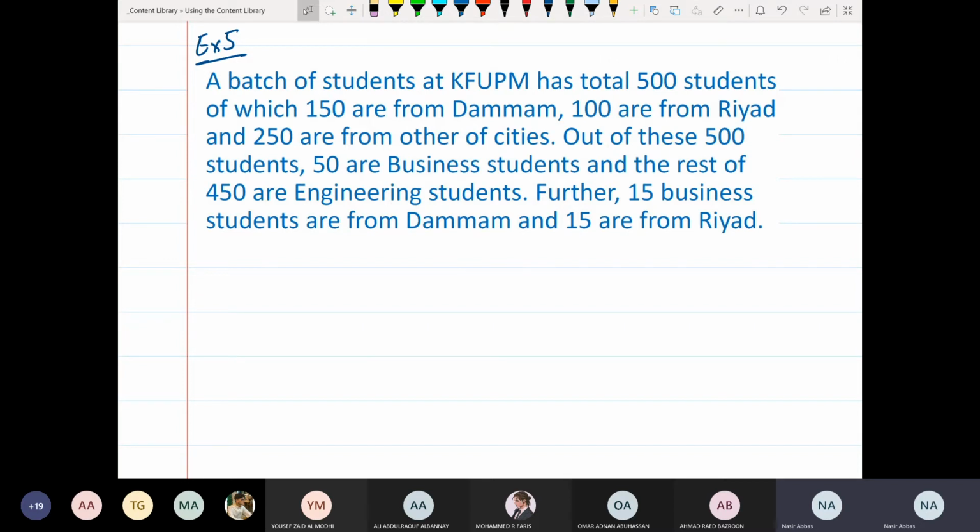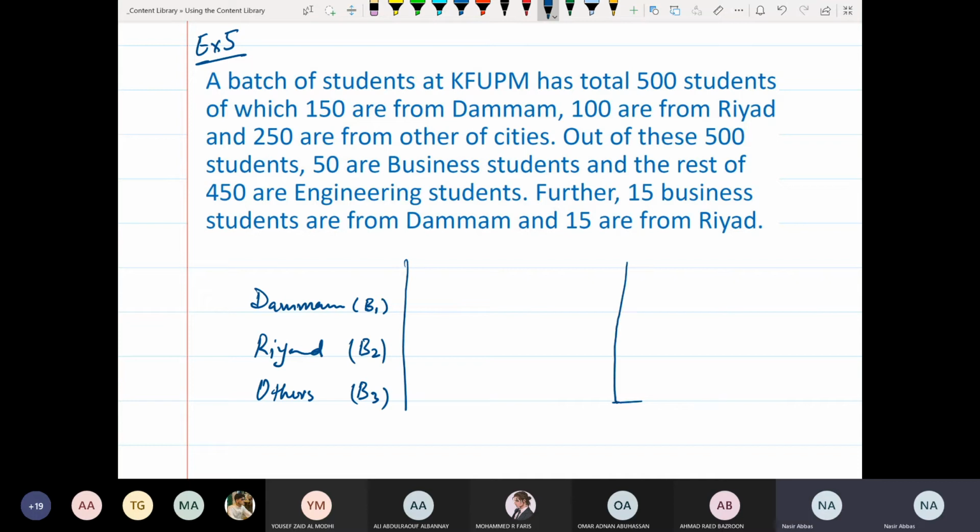On one side of the table, I will have the city: Dammam, Riyadh, and others. Let me name these events B1, B2, and B3.